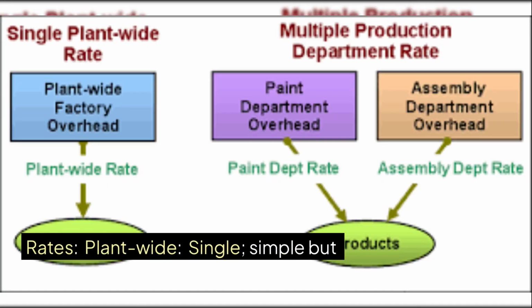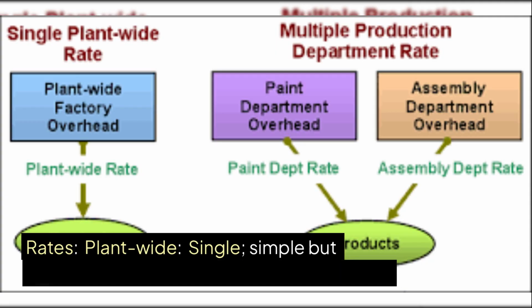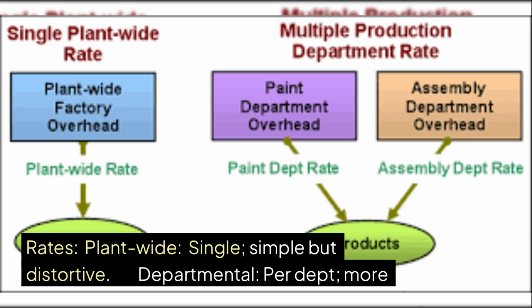And another area you must be familiar with is how do we allocate these fixed overhead to the products with rates? Well, there's two types. You can use plant-wide rate, that is one single predetermined overhead rate. However, if we have many departments, that could be distortive. You can also have a departmental rate, that is one rate for each department.